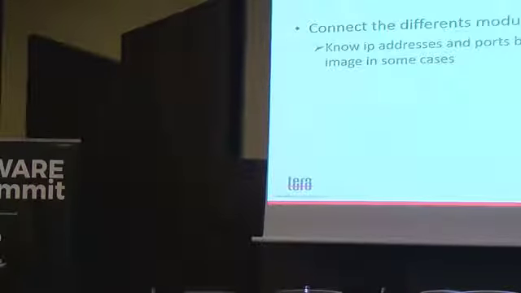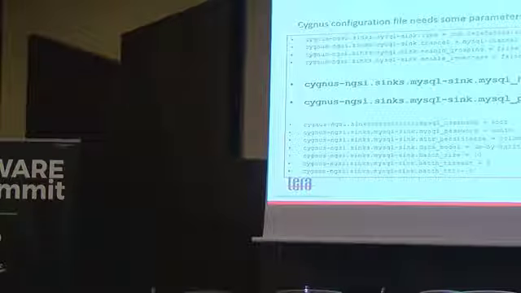So what do we need to do? We need to connect the different modules to each other: the IoT agent, the Orion Context Broker, MongoDB, Cygnus, and MySQL DB. In some cases, we need to know the IP address of each of these modules and also the ports. The problem is that when we adopt a Cygnus solution, we need to configure Cygnus with some parameters.